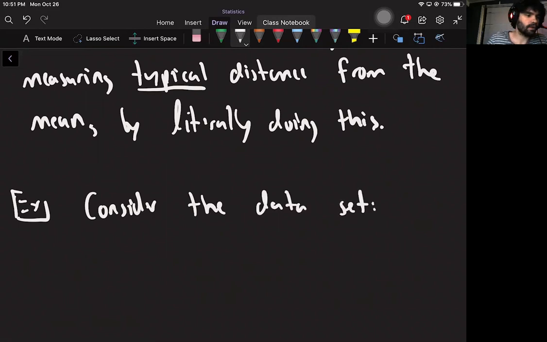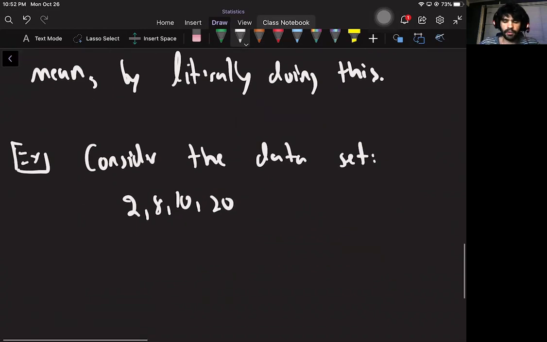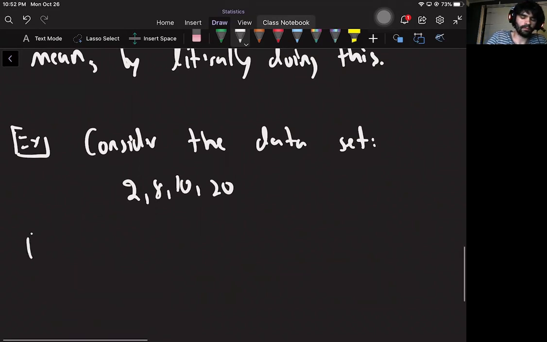So here's just a couple of numbers in our data set: 2, 8, 10, 20. And what we're going to do is think about measuring spread from the mean. So we're going to think about how far things are away from the mean, which means, first of all, we better find the mean. So that's from last time.